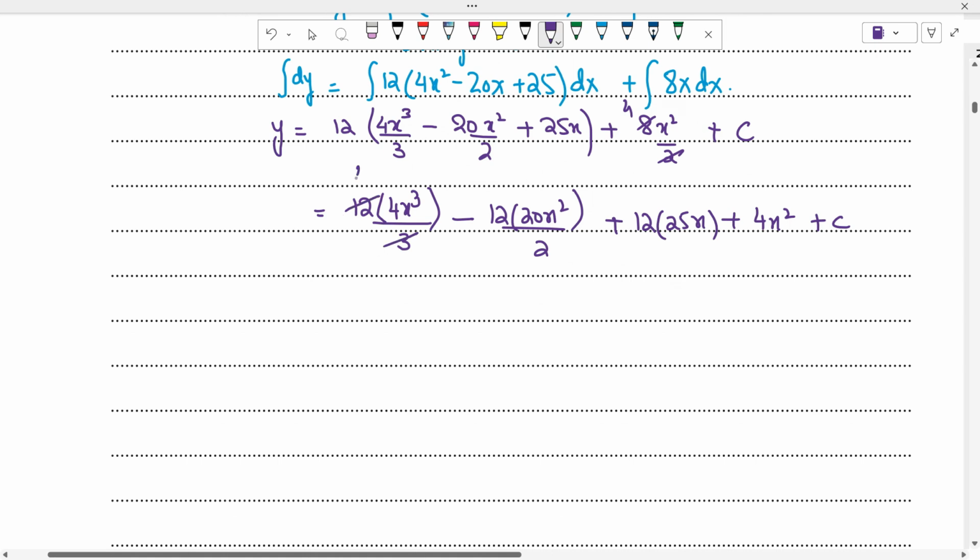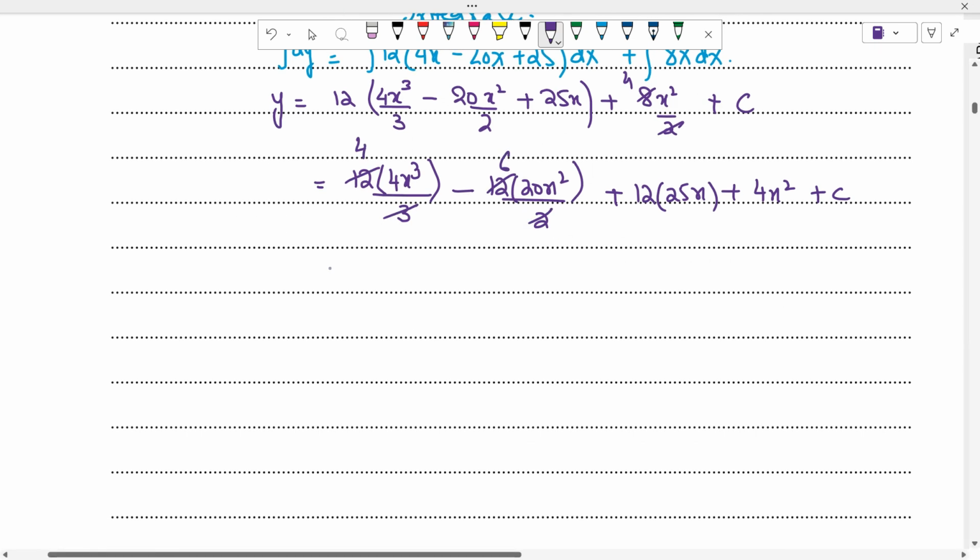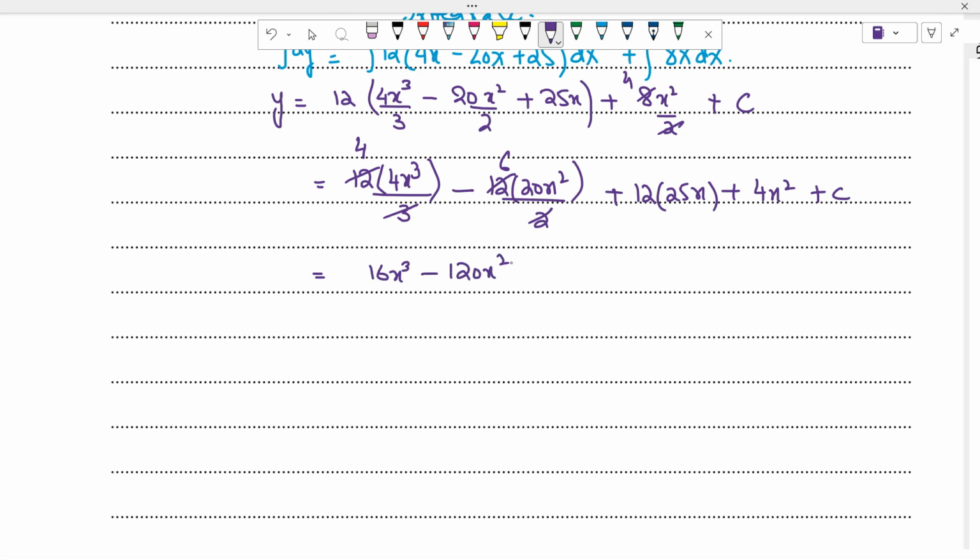Solving further, 12 times 4 over 3 is 16, so we have 16x cubed minus 120x squared plus 300x plus 4x squared plus c. So this is the equation of y, or you can say the equation of the curve, but there is an unknown c.